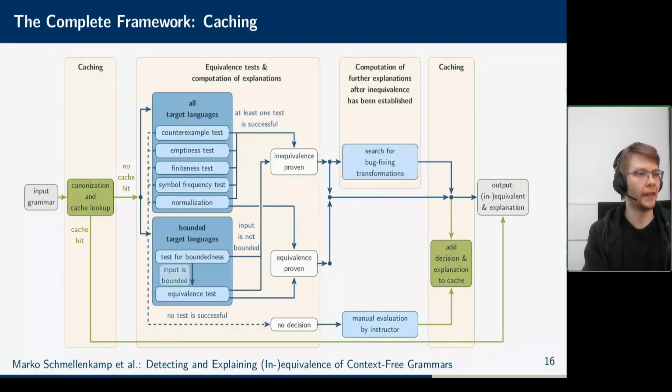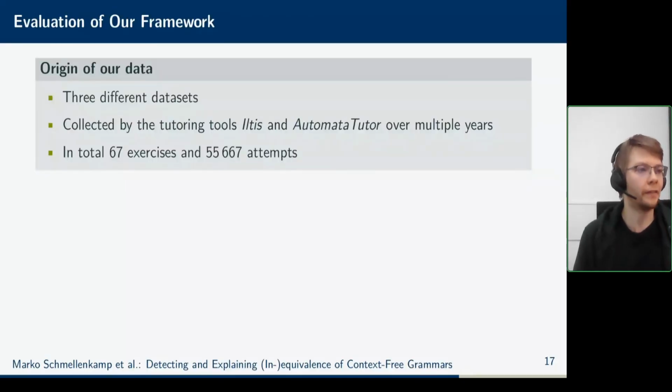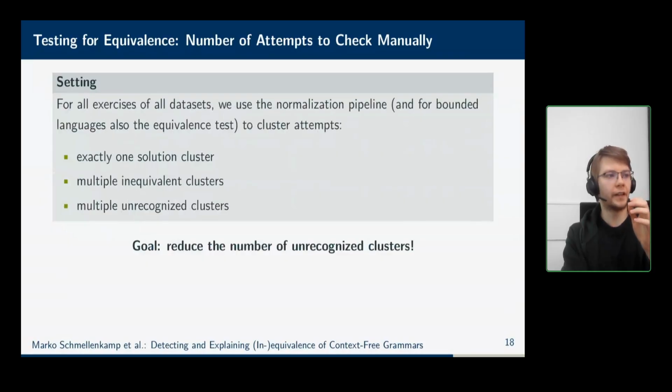Yes, that's our framework. And now just a very quick look at the evaluation on real data. We evaluated our system on 3 datasets collected in 2 tutoring systems. In total, we had 55,000 attempts. What I will show you here is in how many cases we could decide the equivalence.